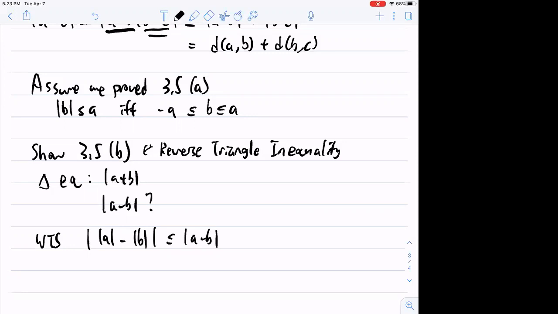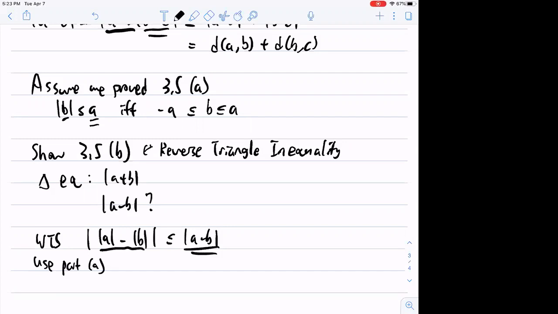Okay, so here we're going to use part A. Let me underline our B in this case. We want to show something. My A is this whole thing, just the whole absolute value of A minus B. And then my B is this thing.